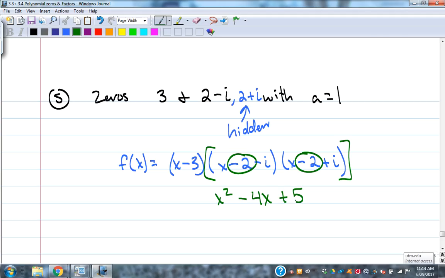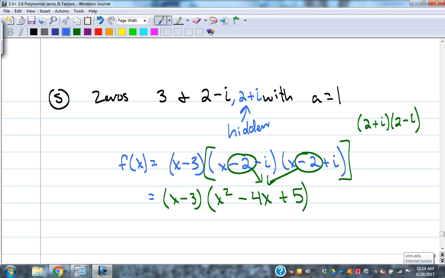And it stays the same. So it's plus 5. And to get the 5, 2 plus i times 2 minus i, you just multiply the two zeros together. And then we have x minus 3 there. So that's the shortcut to getting the coefficients on that.